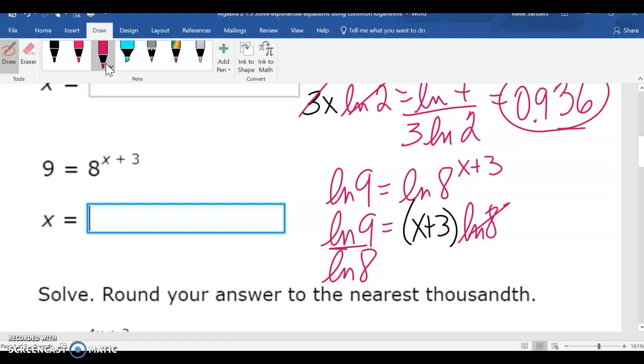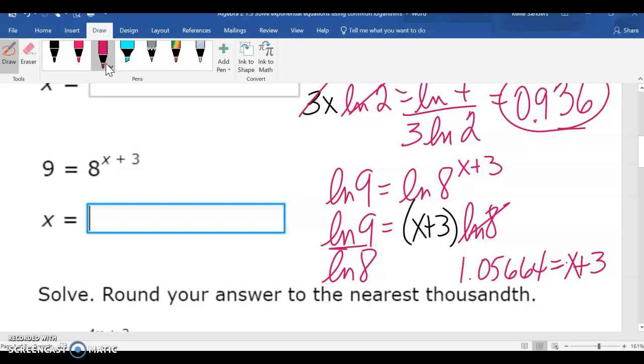Natural log 9 over natural log 8 equals, you are not going to round until the very end. So just keep this in your calculator. Do not press clear.